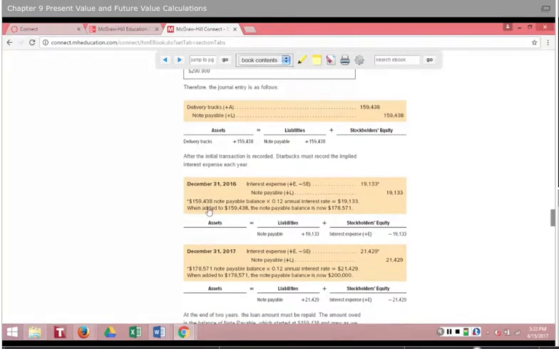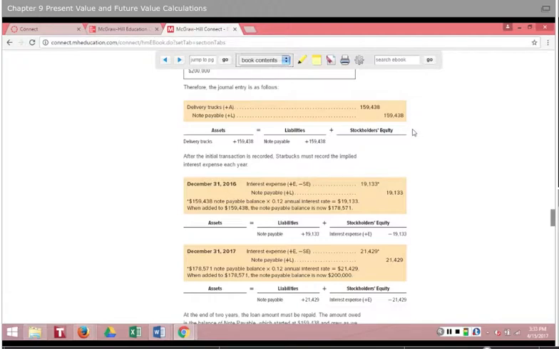That then gives us interest expense at the end of year 1. When we debit interest expense, since we're not paying for it, it's going to increase the note payable by the same $19,133.